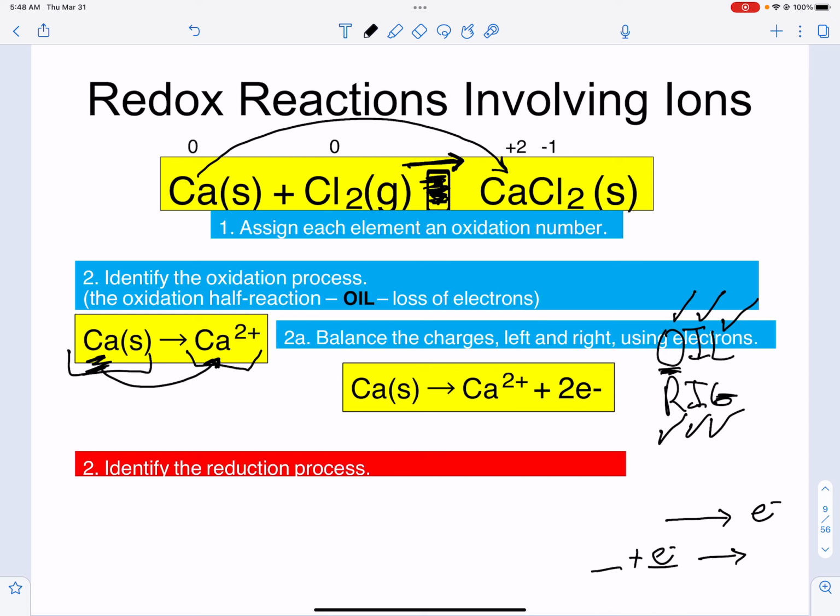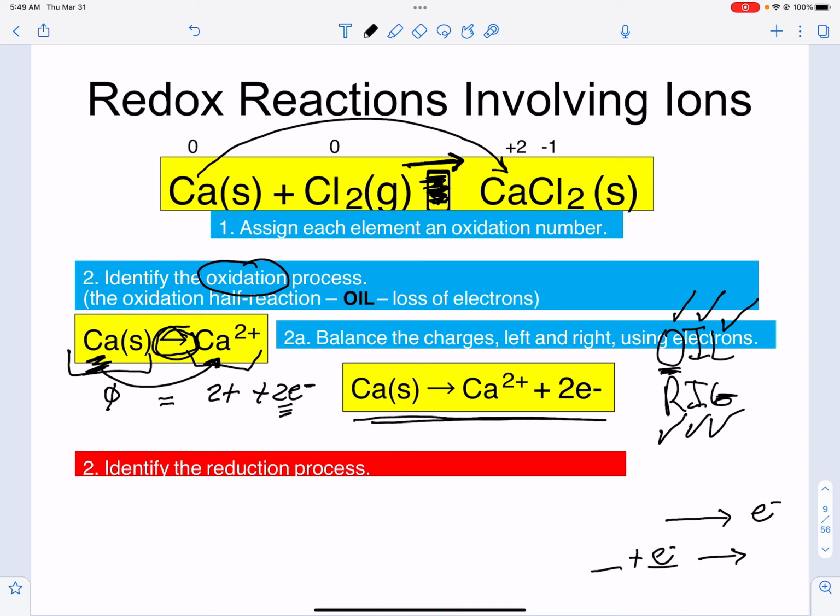So right now the charge on the left is 0, the charge on the right is 2+. So the only way we can make that true, 0 equals 2+, is by adding 2 electrons over here. So it's producing electrons, so it's losing electrons, so that would be my oxidation. So this is the way I would write it.